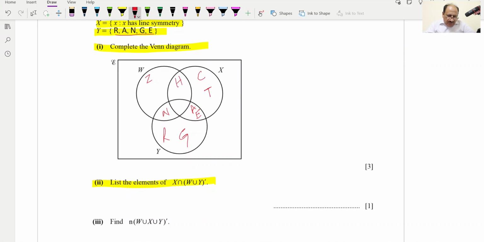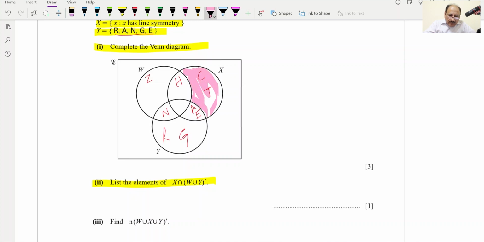List the elements of X. X is this whole diagram, and the intersection with (W union Y) complement, whatever is not in W and Y, that area will be basically this region.